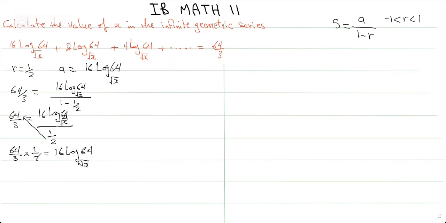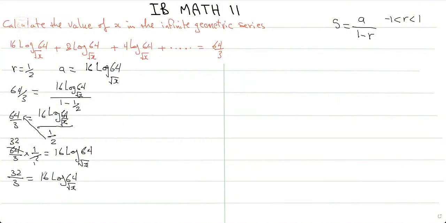Now I'm just going to simplify here and reduce the fraction. So that becomes 1, the 64 becomes 32. So I have 32 over 3 equals 16 log base root x of 64. And now I'm going to cross multiply the 16 to the bottom right here.